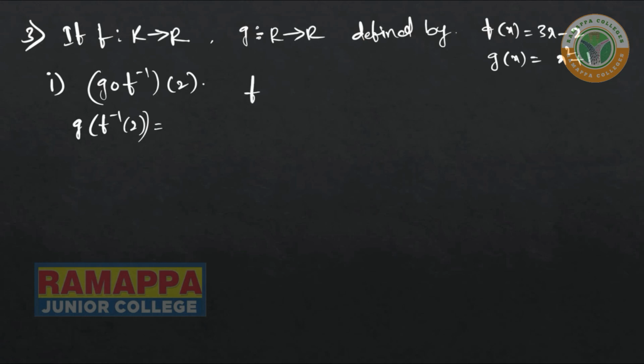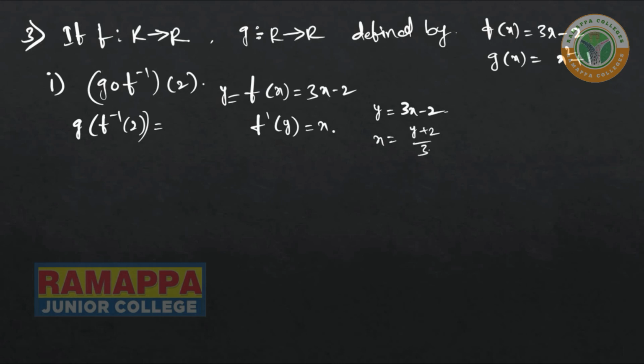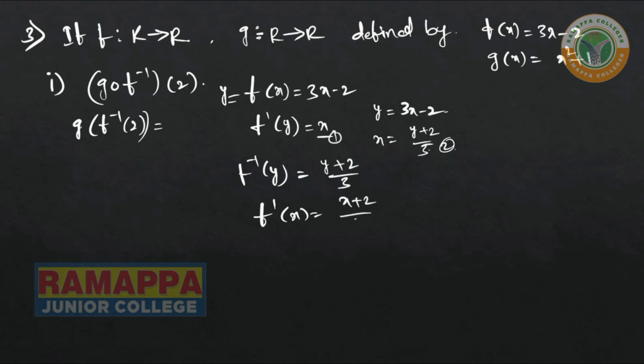Let y equal 3x minus 2, so f inverse of y equals x. From this, x equals (y + 2)/3. So f inverse of y equals (y + 2)/3, which means f inverse of x equals (x + 2)/3.